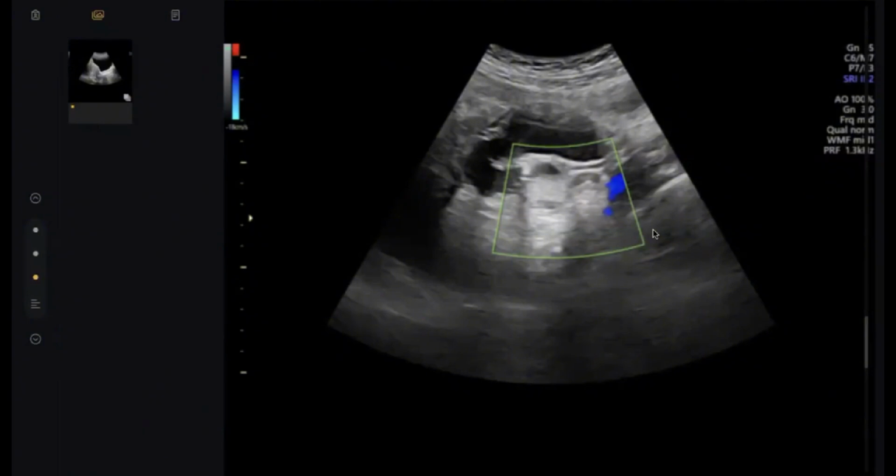Fat or soft tissue? This is soft tissue. Why? Do you detect true vascularity inside it? No. So fat or solid? This is fat.